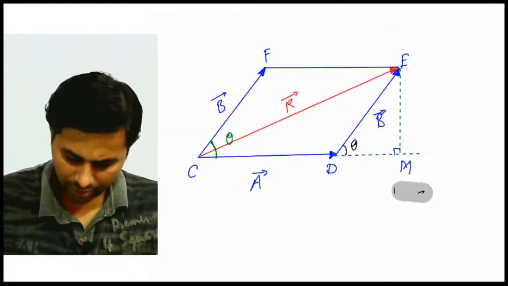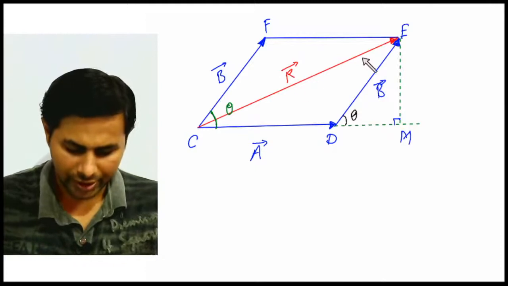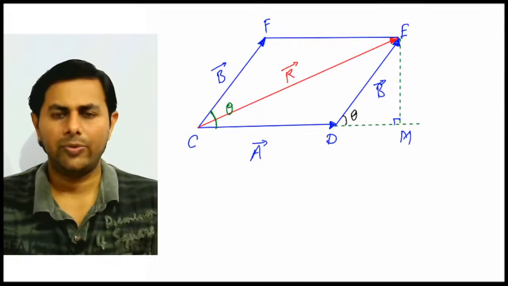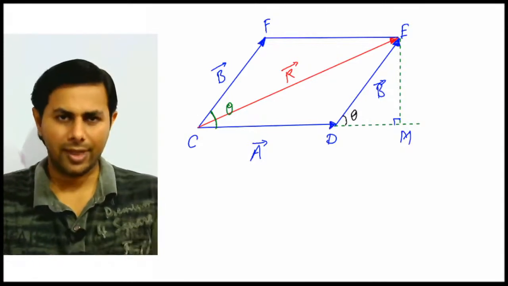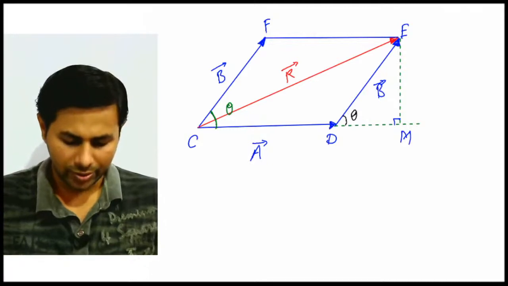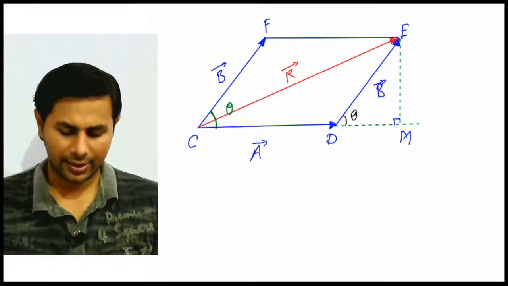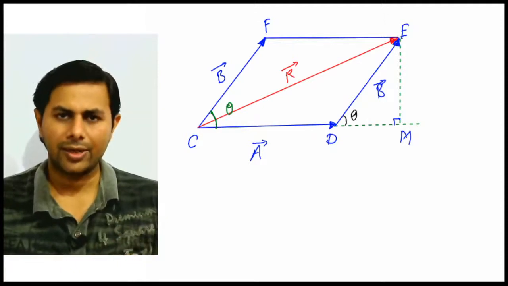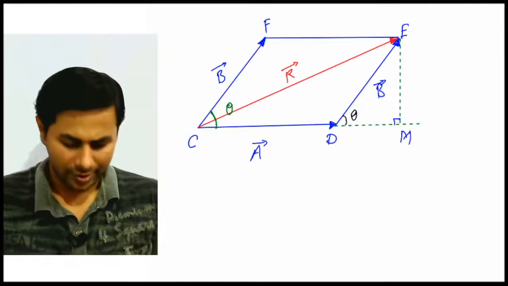Okay, so now I want to find out the direction of this resultant also. So how do we find the direction of some vector? Now this is a vector on a plane. If we know the angle made by r bar with one of the vectors, either a bar or b bar, then we can say that we know the direction of r bar.